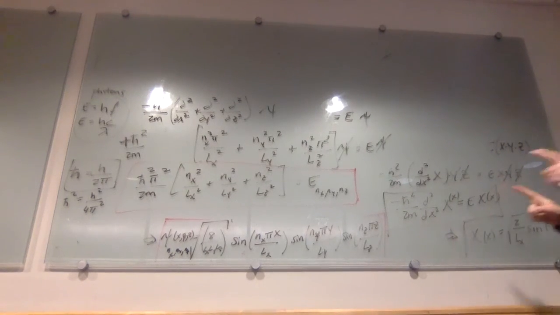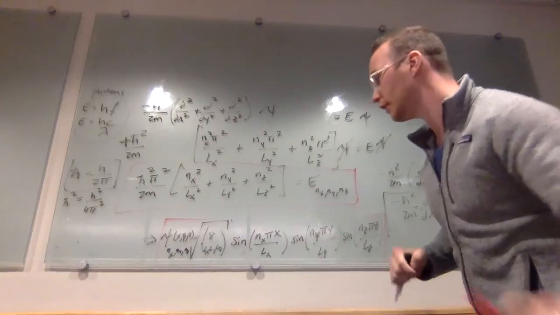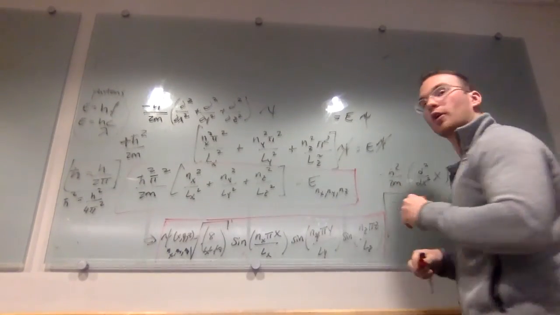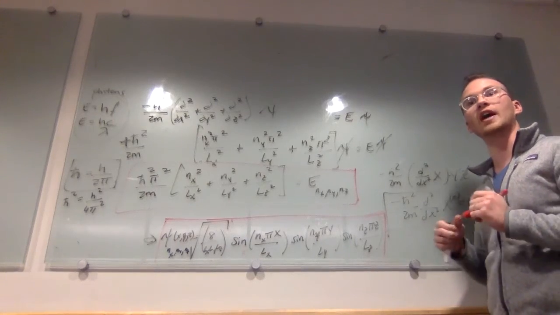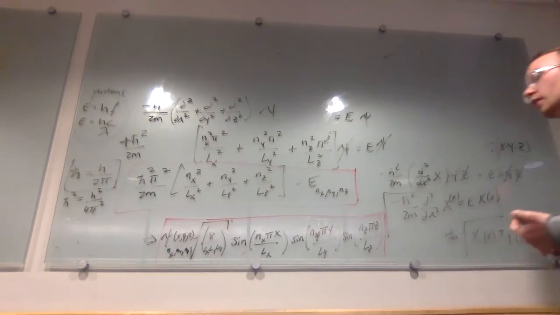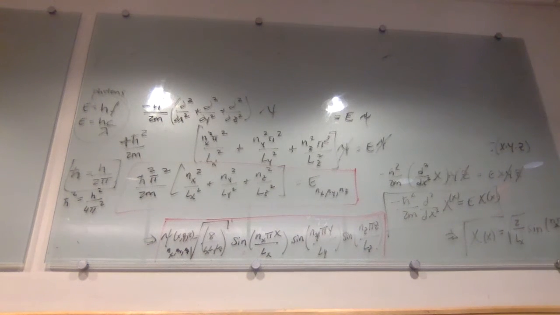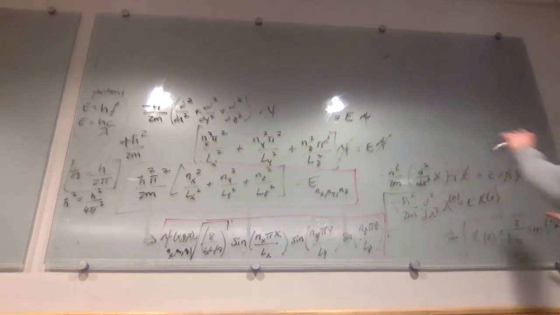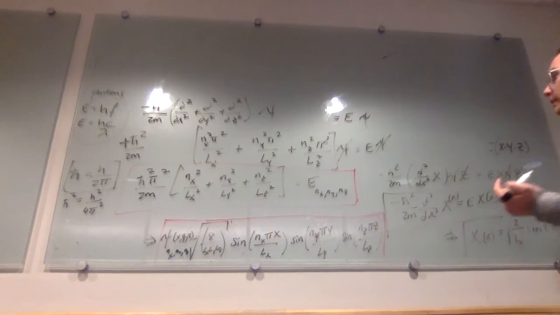Okay, so does that make sense? Does everyone see how I got the two results? The only results I wanted to get were the wave functions of a particle in a box, defined by 3 lengths, L_x, L_y, L_z. How I got these n's, which kind of came out of nowhere when I did it here, is from the first one, when I did the infinite square well in 1 dimension, which is the standard example.